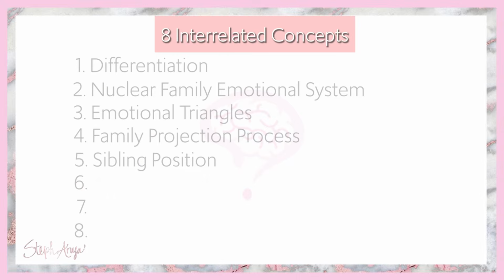Now, something that's really important to talk about is the sixth concept, which is the emotional cutoff. Emotional cutoff is really where you see a child maybe be fed up and actually run away from the family. They part from the family in an attempt to develop their own identity, but most of the time when the family is fused, just because they've run away does not mean that they are truly separate from the family or the family's ideologies.